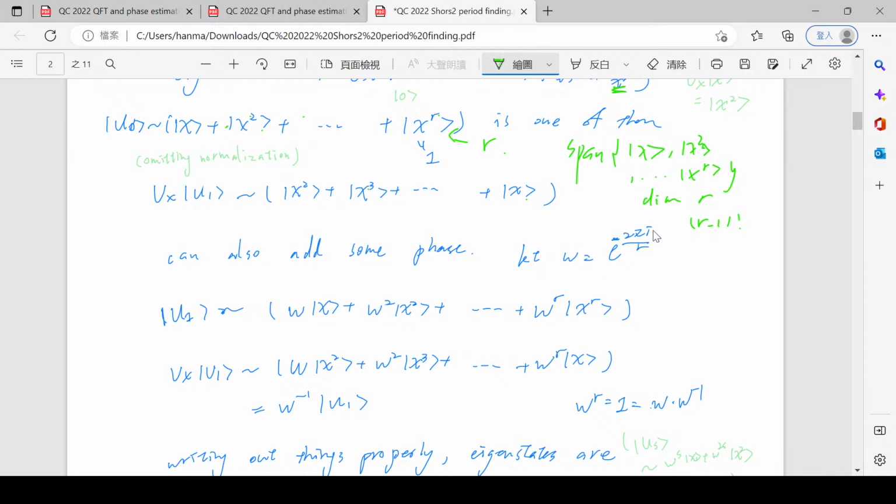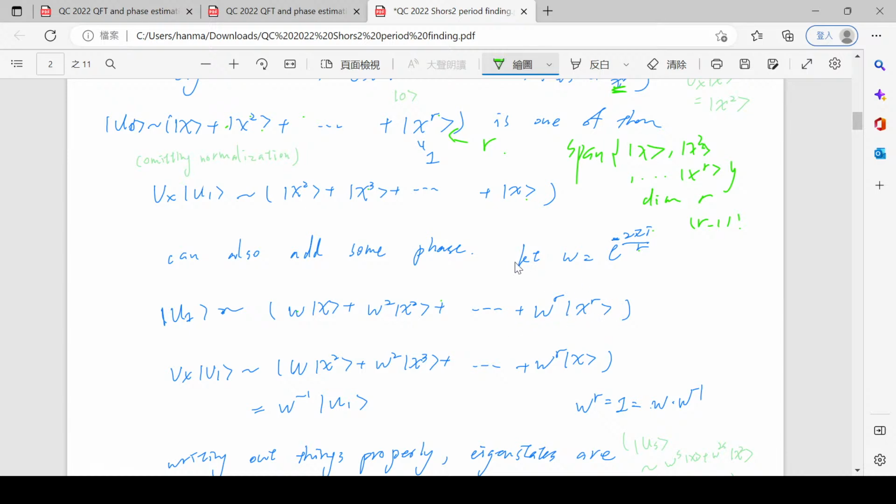So it's e to the 2 pi i divided by r, and for convenience we also add the minus sign here. Now we define u1 equal to omega times |x> plus omega squared times |x squared>, up to omega to the r times |x to the r>.